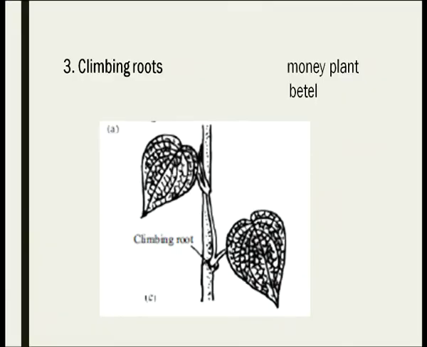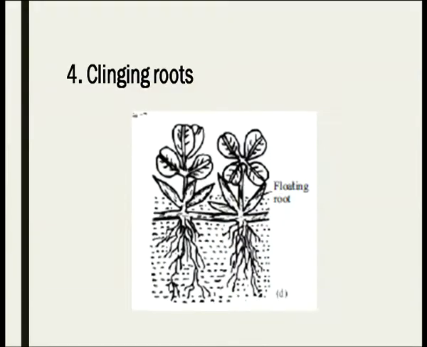So strong anchorage is provided by these roots, all right. So these are the climbing roots, and they generally develop in the weak stems where the plant needs extra support to climb on any of the supports available. So next is the clinging roots, and then modification for buoyancy and respiration.